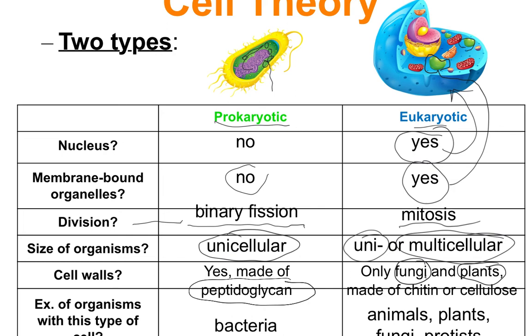When they do have a cell wall, it's made of chitin and cellulose. The only prokaryotes that most students are familiar with are bacteria, the single-celled organisms. And when it comes to eukaryotes, many things are made out of eukaryotic cells: animals, plants, fungus, protists even.